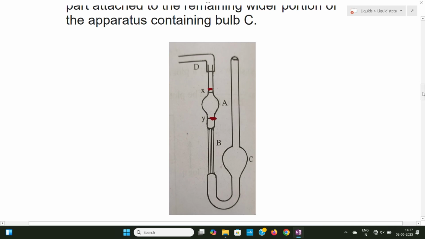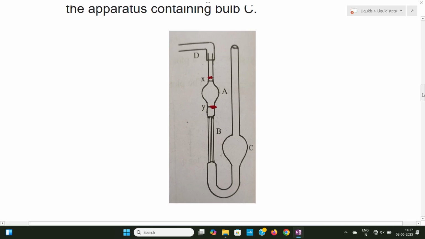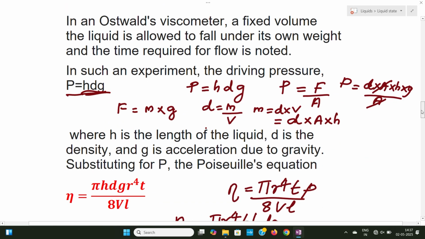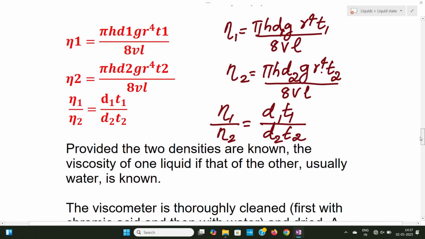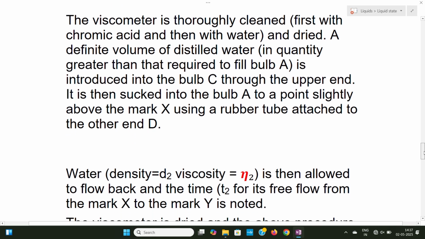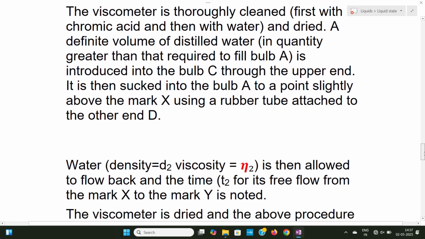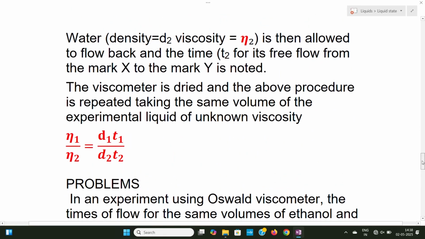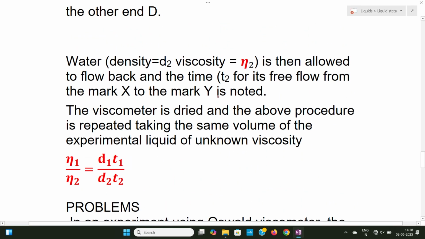Then we use the same procedure for our experimental liquid. If we want to find the coefficient of viscosity of any other liquid, like glycerol or ethyl benzene, that will be our experimental liquid, and we follow the same procedure and repeat the experiment with the same volume of the experimental liquid as the water.